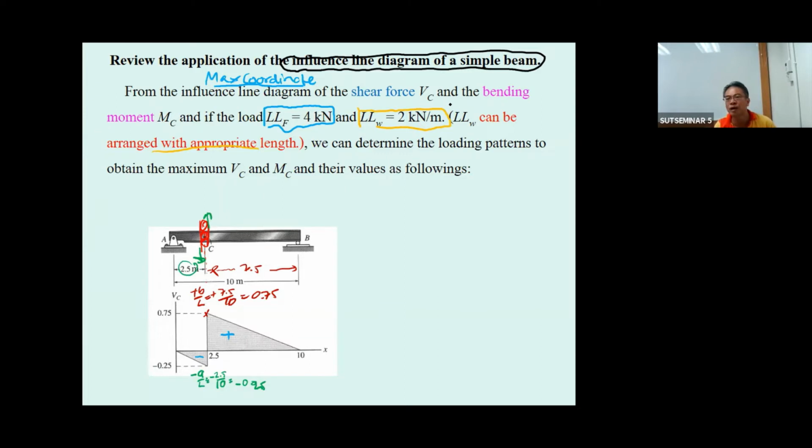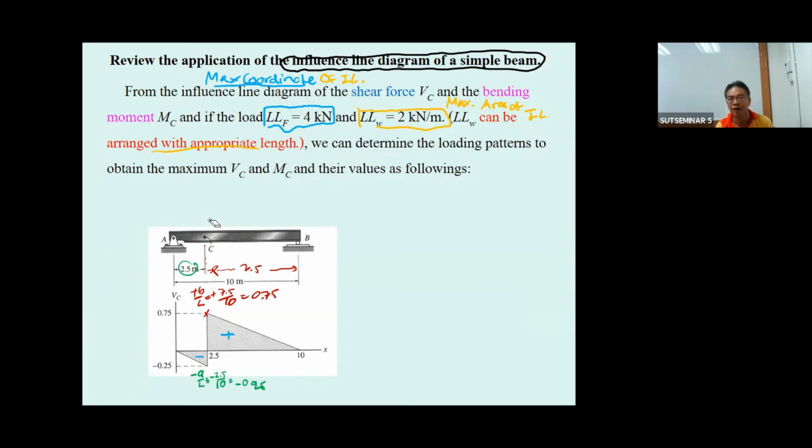This is going to be put at the maximum area of the influence line. This is going to be put at the maximum coordinate of the influence line. So by doing this, the 4 kilonewton is going to be put at which position?